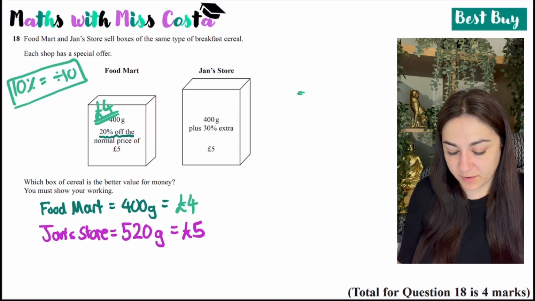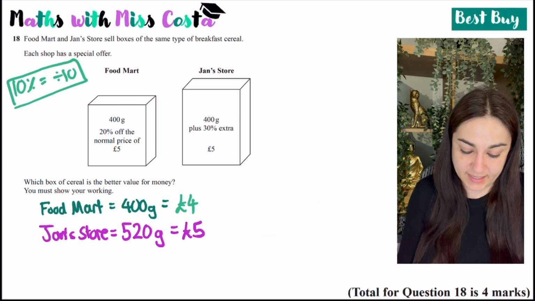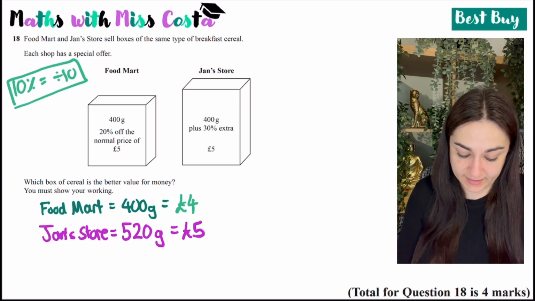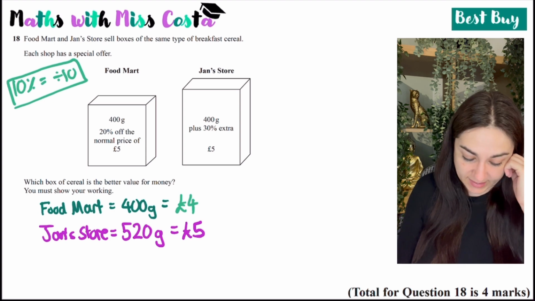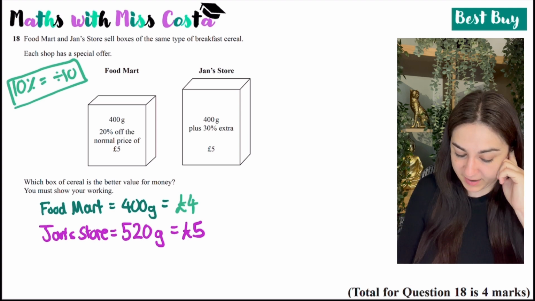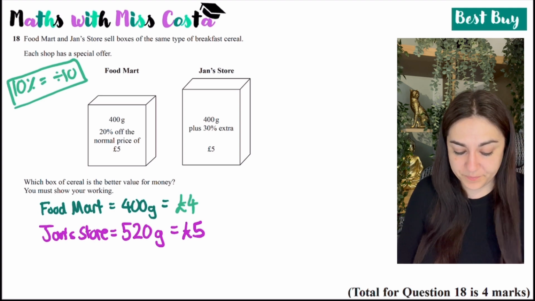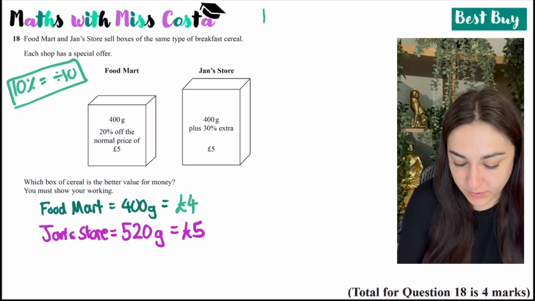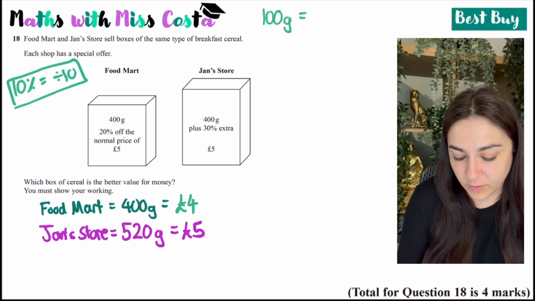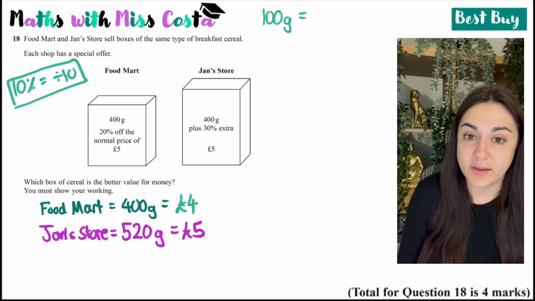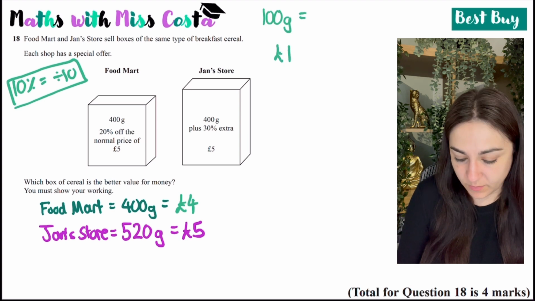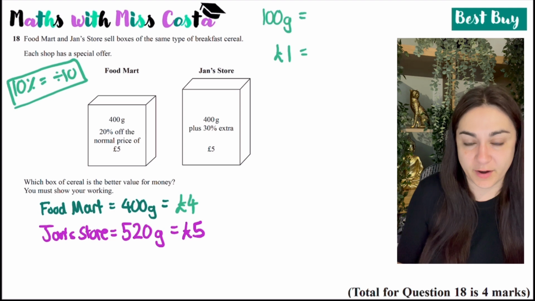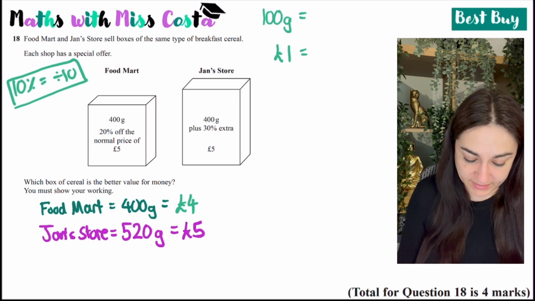So the first part of the question was using percentages to figure out what the cost of everything actually is, including the sale. And the next part is to get a comparison. So to decide whether something is better value for money, you either want to work out, for example, the cost of 100 grams and find out which one's cheaper, or for example, the cost of £1 and find out which one gives you more grams.